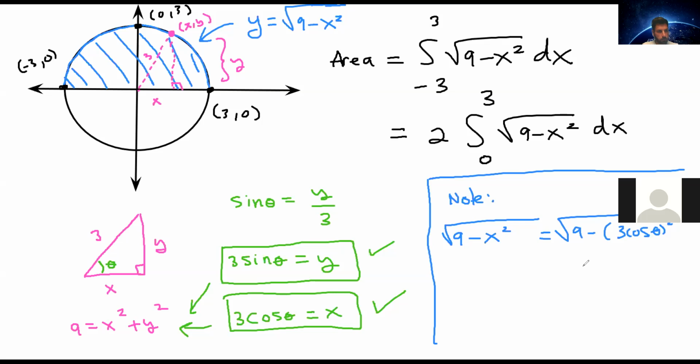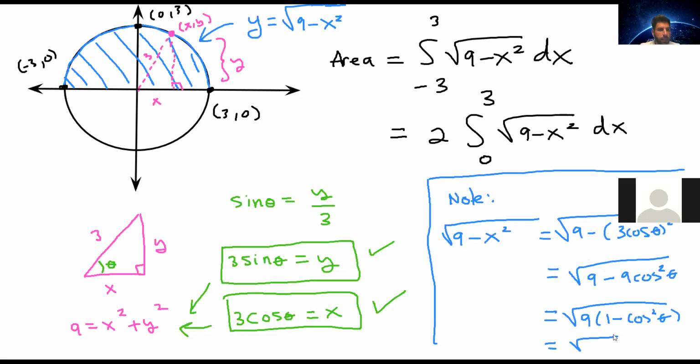And so this becomes the square root of 9 minus 9 cosine squared of theta. So you're going to say right now, well, that's worse than what we started with. But it's not. Because what is that? If I factor out a 9, I'm left with 1 minus cosine squared times 9, which is 9 sine squared.